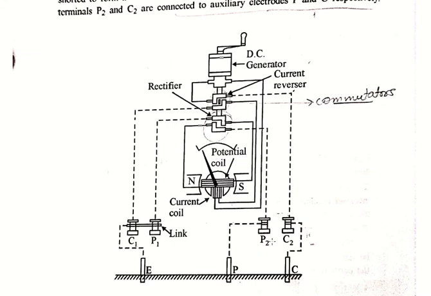The other two terminals P2 and C2 are connected to the auxiliary electrodes P and C respectively. The indication of the earth tester depends upon the ratio of voltage across the pressure coil and current through the current coil. The deflection of its pointer indicates the earth resistance directly.